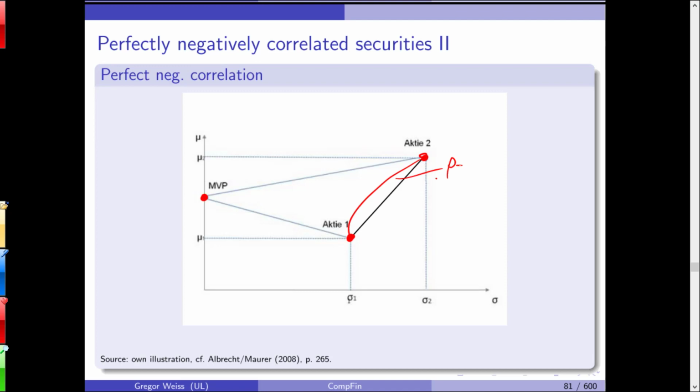Say this is rho equal to 0.9. Something like this. And in the end, you will have the case of -1, and then the two graphs will again be two lines starting from stock 1 to the MVP to stock 2. And interestingly, the minimum variance portfolio here offers you a full hedge or a complete risk-free investment.